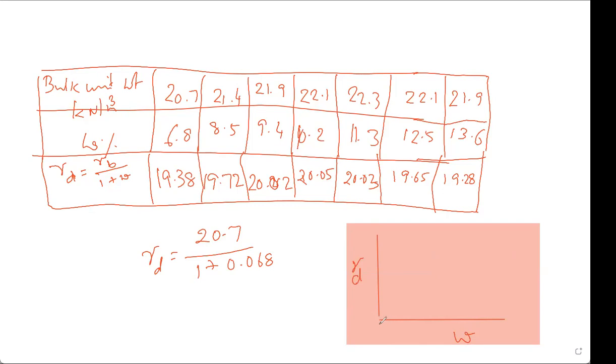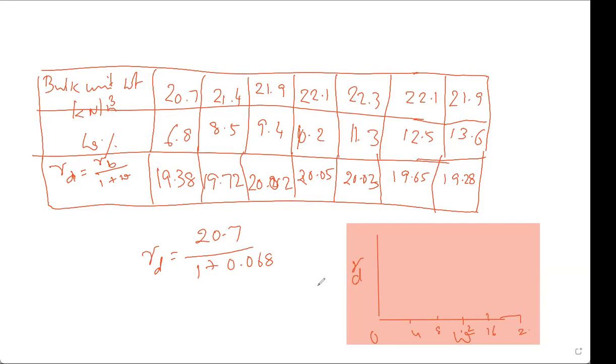You can start from 0. The maximum water content is 13.6, therefore you can mark up to 20: 0, 4, 8, 12, 16, 20. On the y-axis, you mark the dry density.